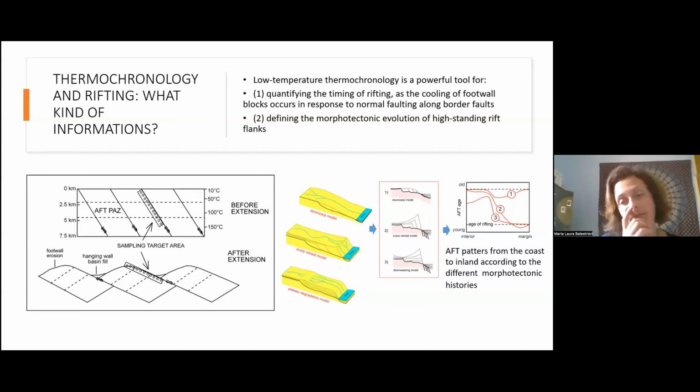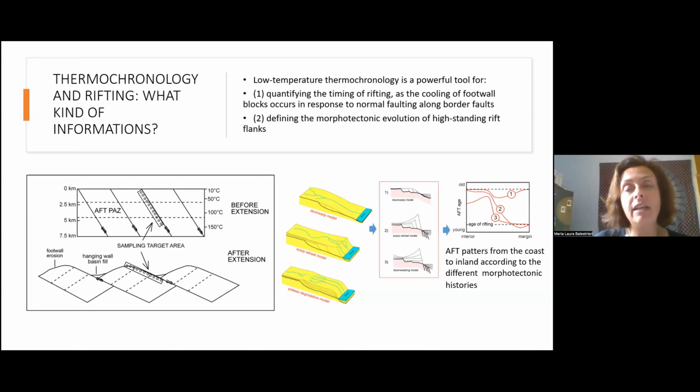The people speaking before me have already explained these figures, but what can thermochronology tell us about rifting? First of all, because of the cooling of the footwall rocks along normal faults, we can date normal faults in rifting, and so give the time of the rifting.